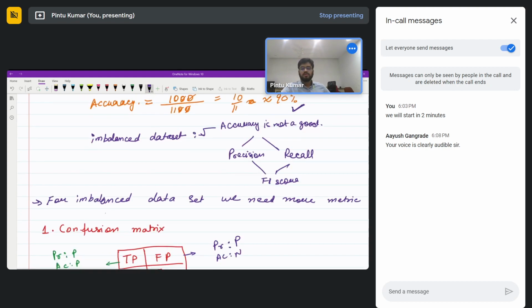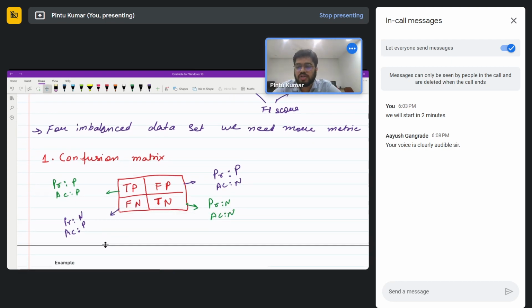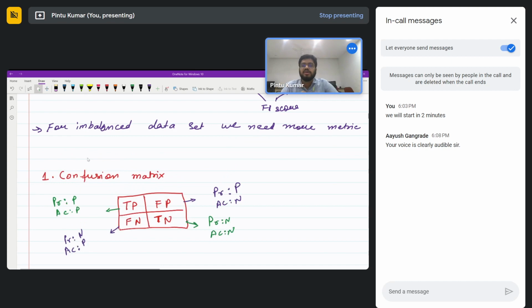Before going to F1 score, what we can do is construct a matrix called the confusion matrix. That matrix also gives us some idea about how well we are doing on our classification task.